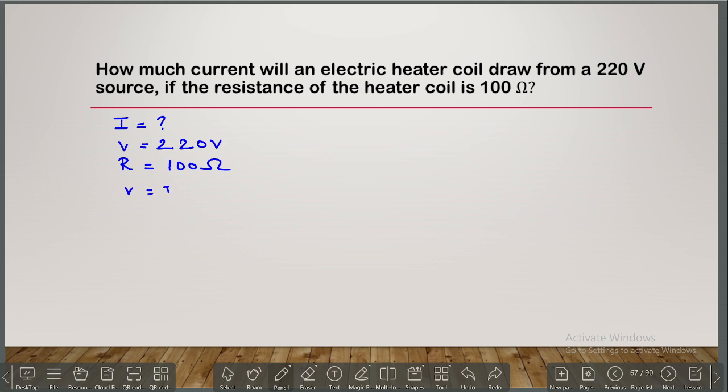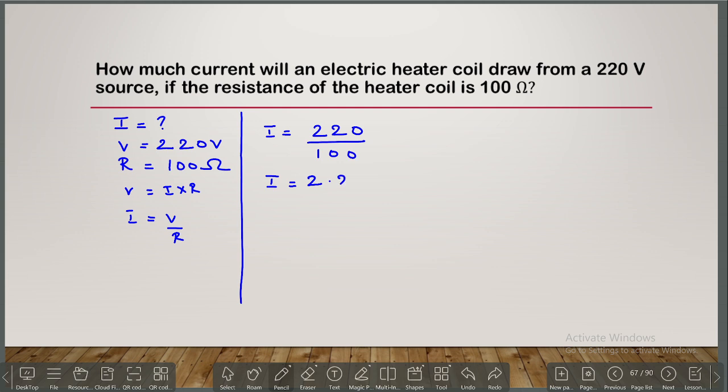V is equal to I into R, which means I is equal to V by R. Now I is equal to 220 by 100. If you divide these two numbers, we will get I is equal to 2.2 ampere. How much current passes through the electric heater over here? I is equal to 2.2 ampere.